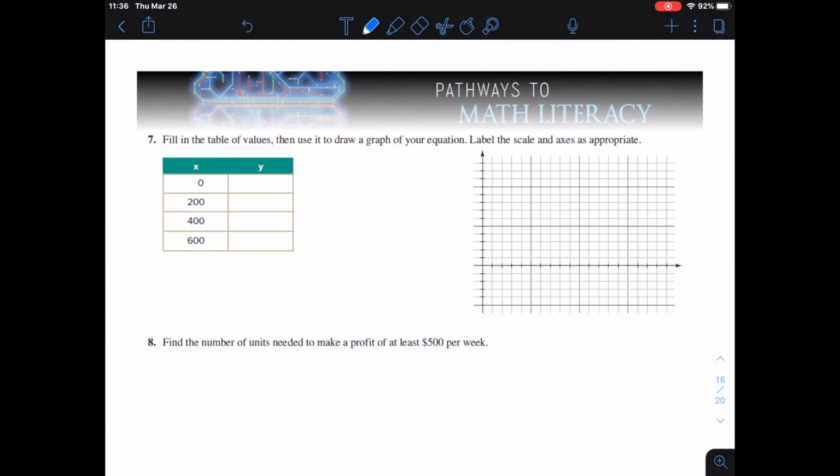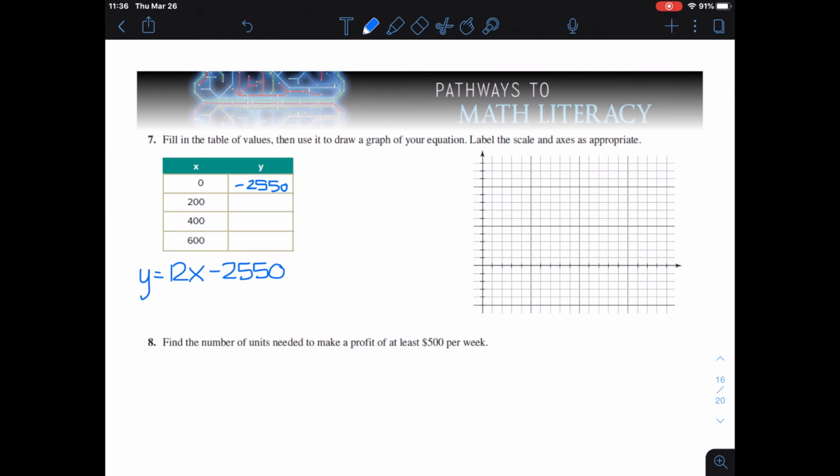So let's use our equation to fill in this table of values, and then we're gonna go ahead and graph our equation. So our line is y is equal to 12x minus 2,550. So when you plug in x equals 0, the y value is negative 2,550.